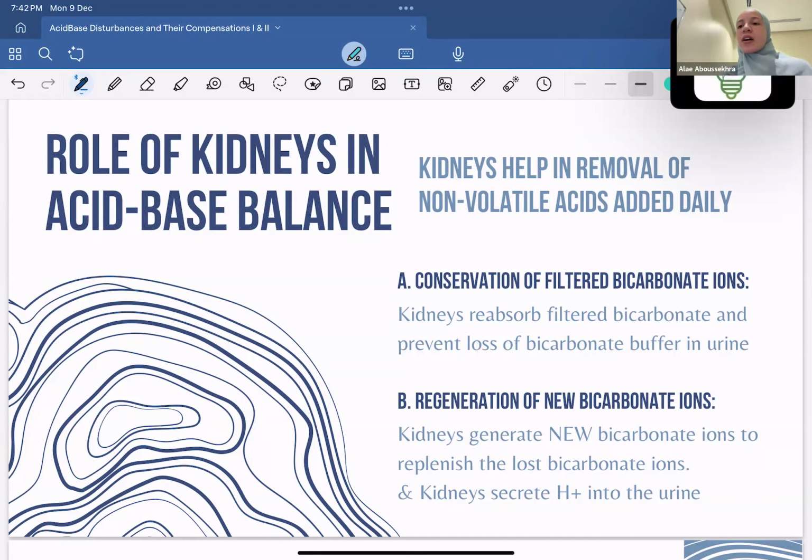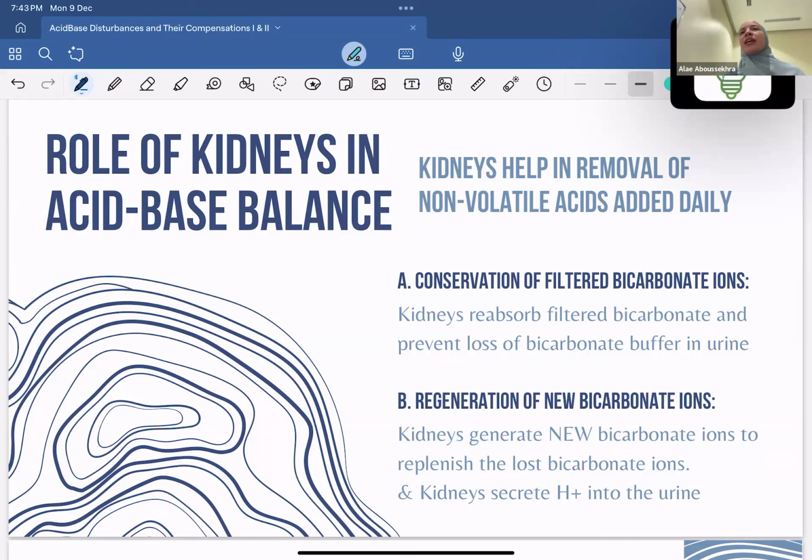So this slide is talking about what the kidneys do in acid-base balance, what their role is. Basically, kidneys help in removing the non-volatile acids that are added daily, for example lactic acid, and there are so many non-volatile acids that are added to our body.